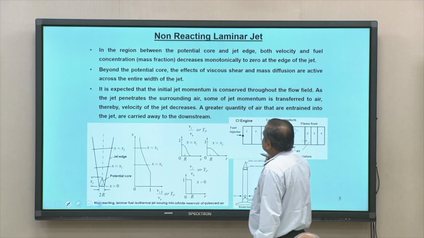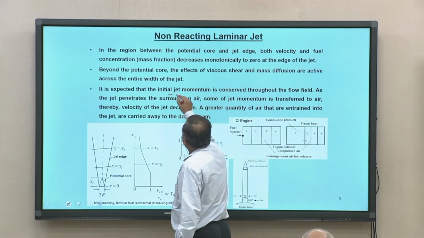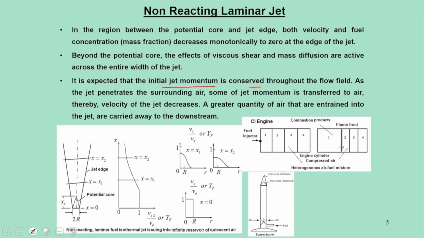The most important thing is that there is an initial jet momentum which is conserved throughout the flow field, and as the jet penetrates the surrounding air, the jet momentum is transferred to the air.